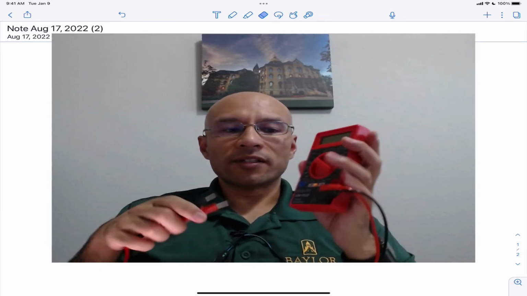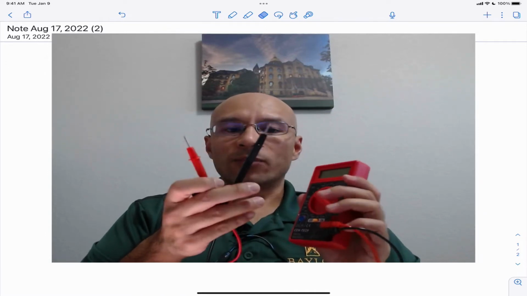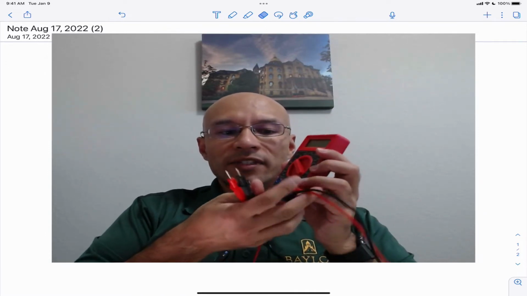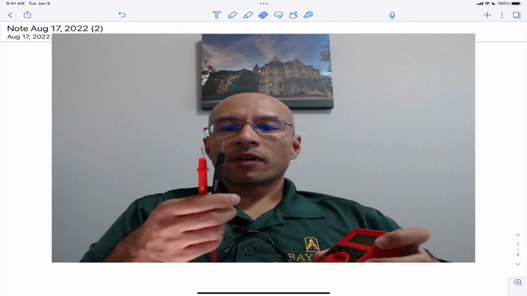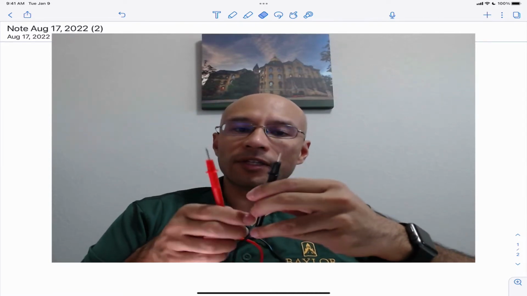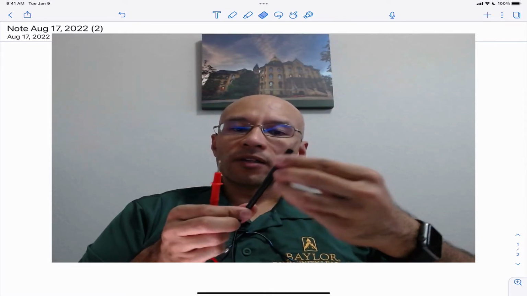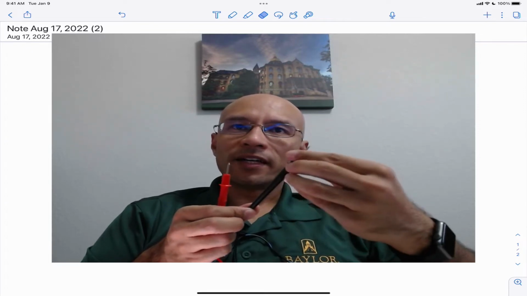Another important thing to notice here is that there are two probes, a red one and a black one, and they connect to the device via these cables. These probes have metal tips for making electrical contact with a circuit. The black one we call the reference probe and assign it a minus sign.